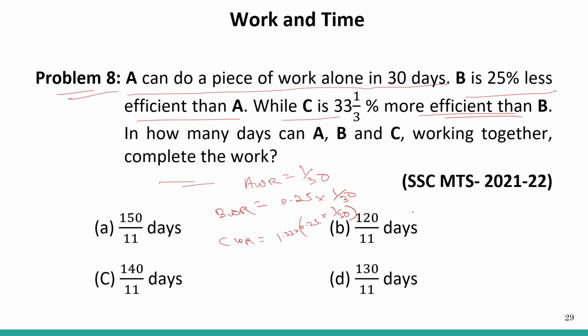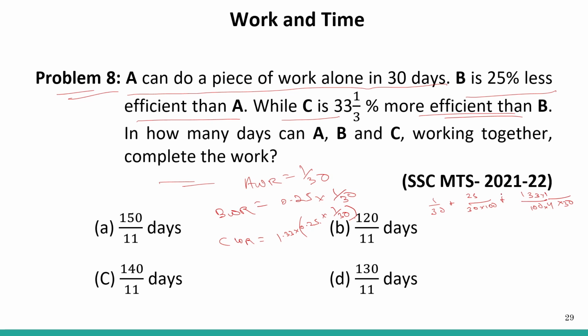Adding these 3 terms, so 1 by 30 plus 25 by 100 into 1 by 30 plus 133 by 100 into 1 by 4 by 30, right?